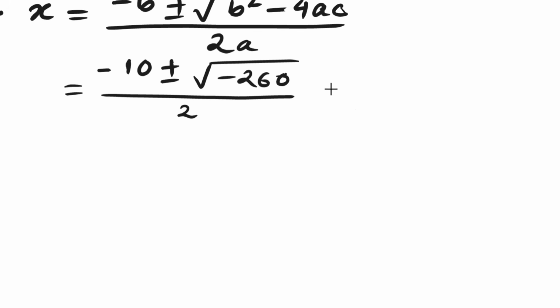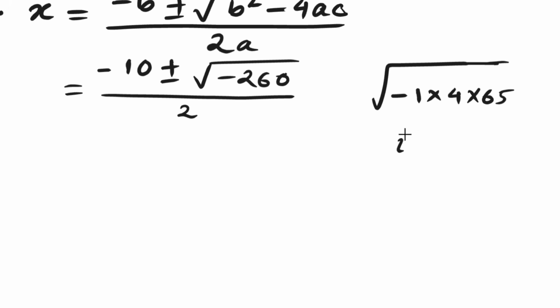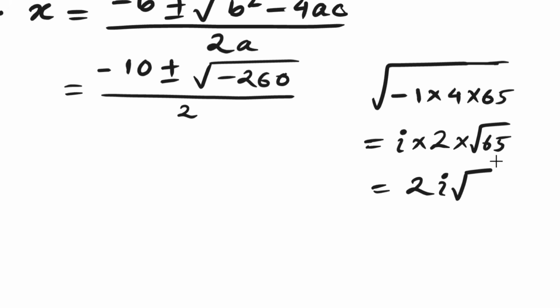Negative 260 can be written as negative 1 multiplied by 4 multiplied by 65. The square root of negative 1 is represented by the imaginary unit i, and the square root of 4 is 2. Therefore, the square root of negative 260 becomes 2i times the square root of 65.